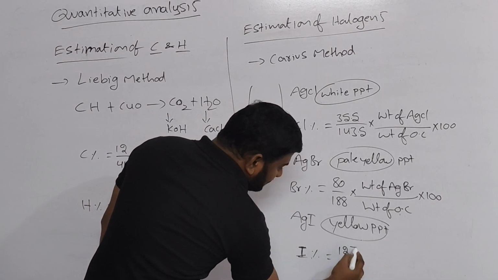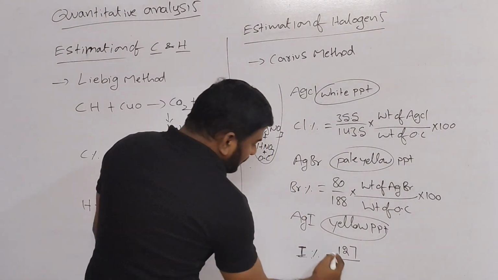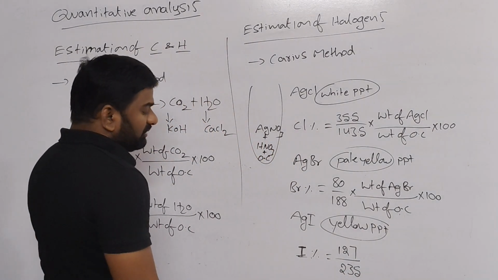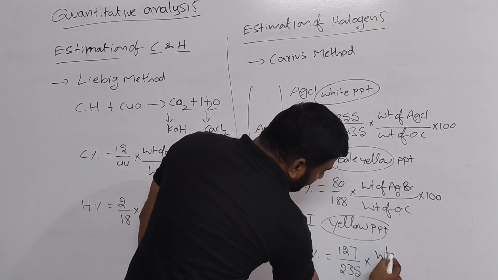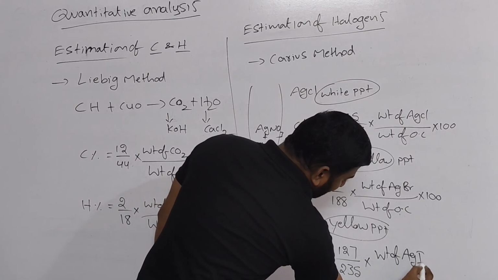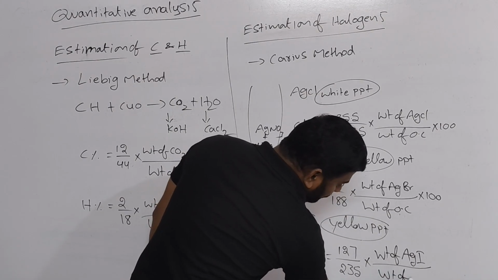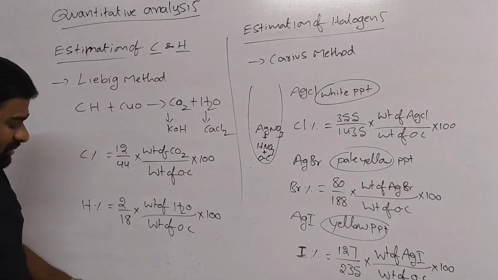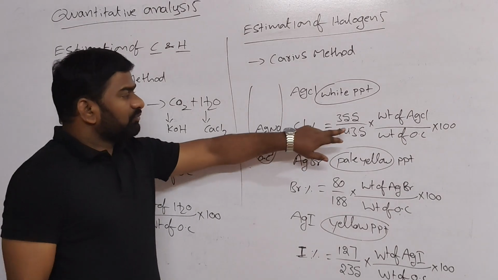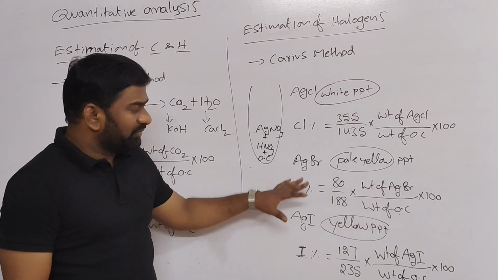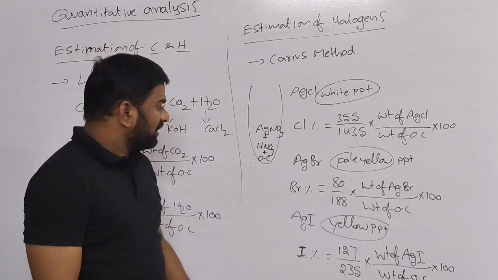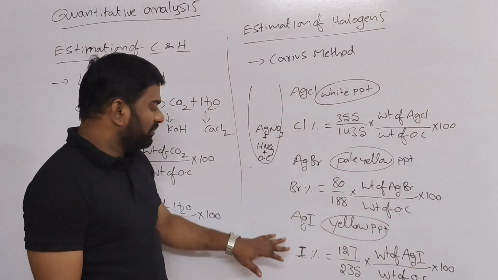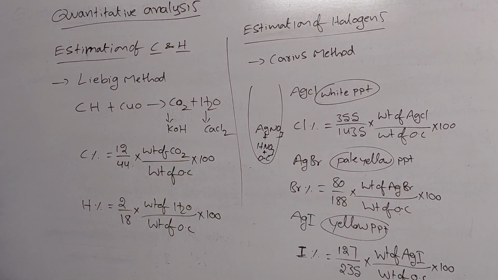Iodine atomic weight is 127, so 127 by AgI weight 235 (108 plus 127), into weight of AgI by weight of organic compound into 100. These formulas you need not memorize. If you know the weight of the silver halide and the weight of the organic compound, you can easily calculate the percentage of chlorine, bromine, iodine. So this is about halogens.